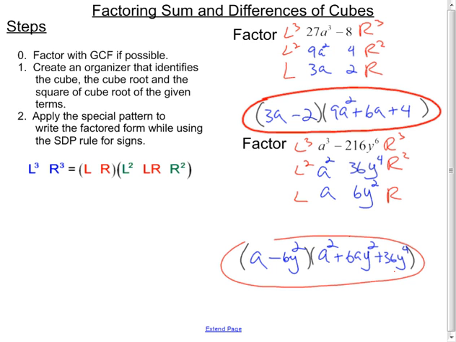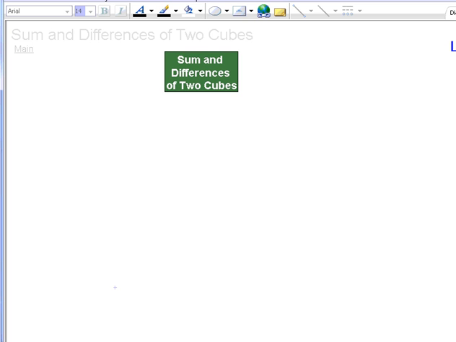So let's take a look here when I go to my factoring chart, just to tie up these examples and sort of pull these ideas together. When we're dealing with a sum and difference of cubes, it is special pattern factoring.